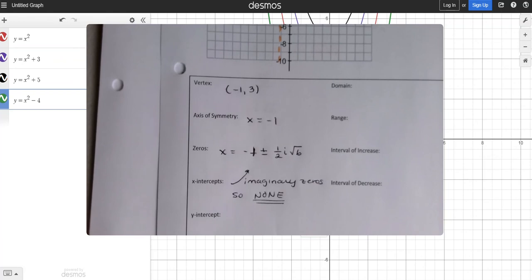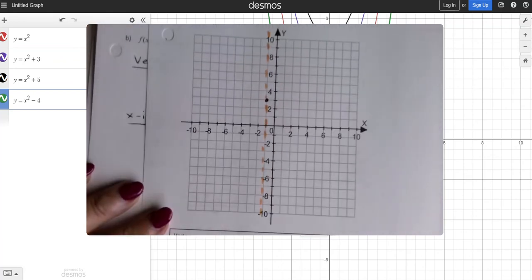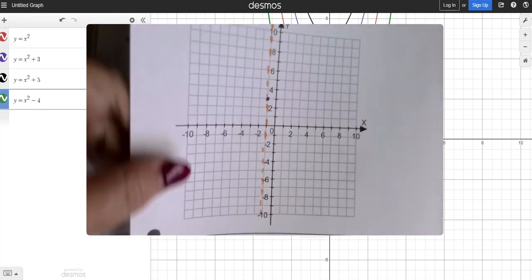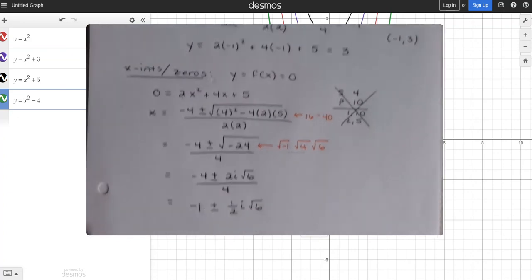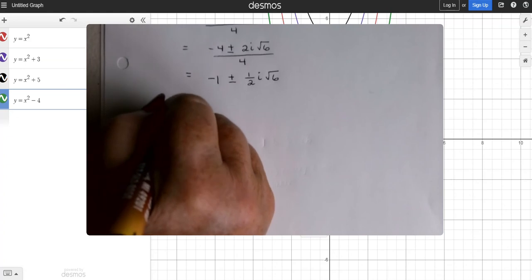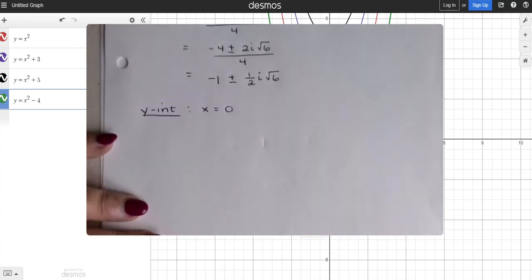Right? So once again, at this stage of the game, I don't have any more information about my graph other than the fact that I've got the vertex there at -1, 3. I'm going to have to rely on my y-intercept to give me more information. So let's do that. For the y-intercept, we set x equal to 0.